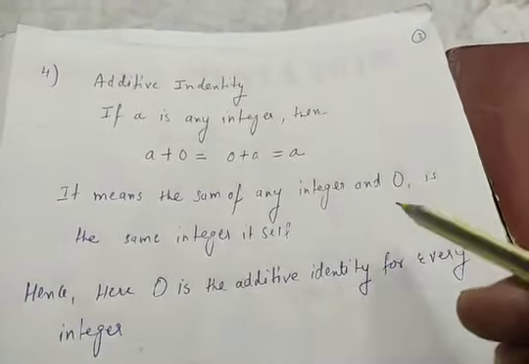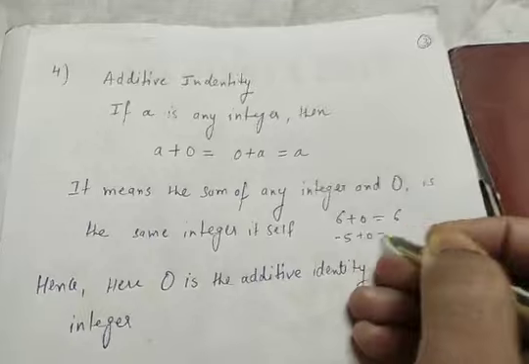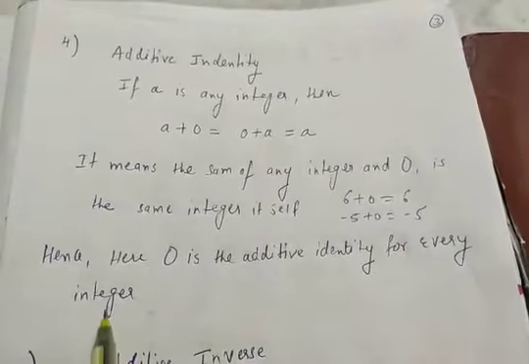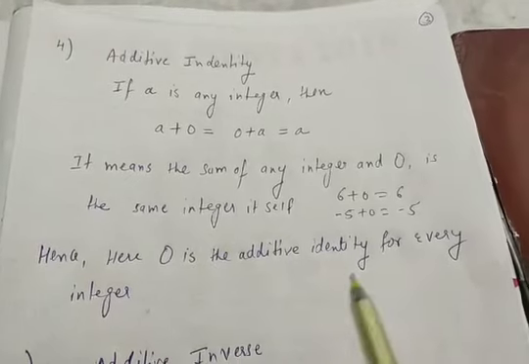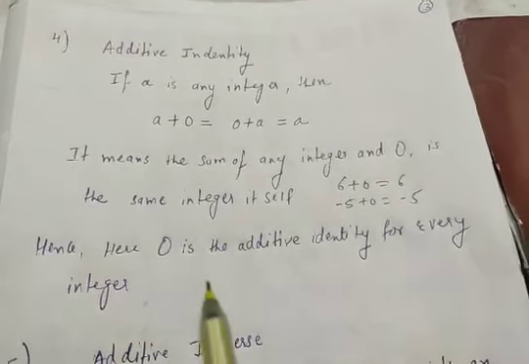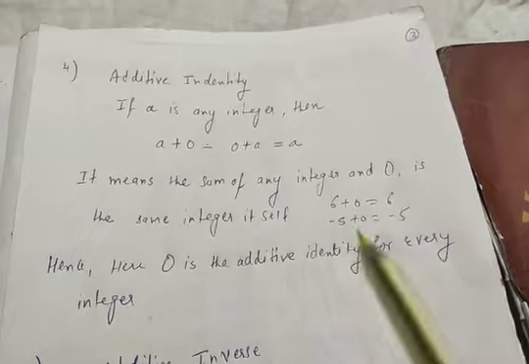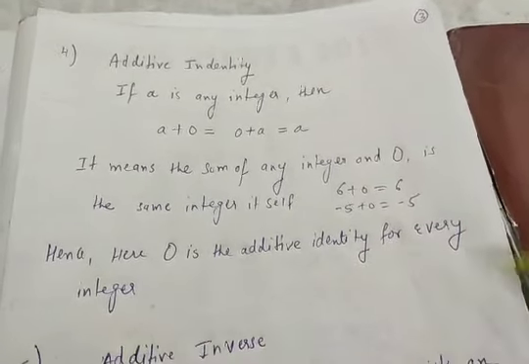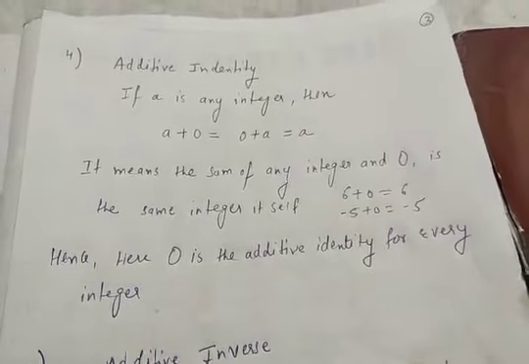Like 6 plus 0, you will get 6. Minus 5 plus 0, you will get minus 5. Clear? So here 0 is the additive identity for every integer. Means you can add 0 to any integer, you will get the same integer.